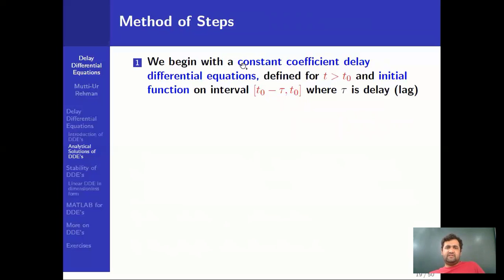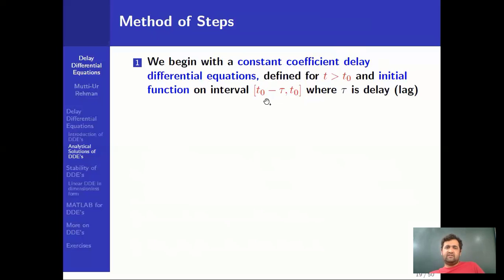We consider this special case of delay differential equation with constant coefficients, which are defined over this time. I take tau positive, and my initial function or history function is defined over this interval.